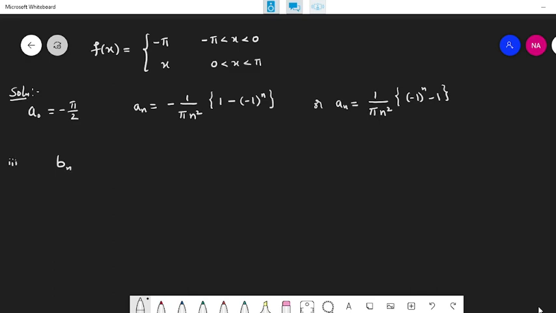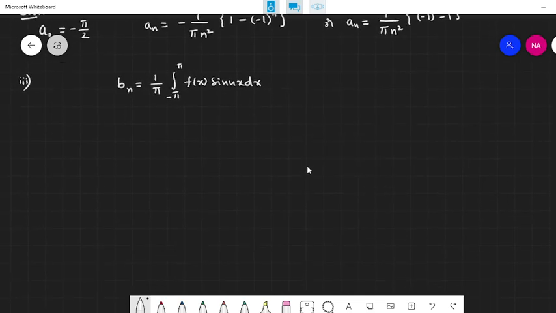Point number 3, Bn. So what is the formula for Bn? Bn equal to 1 by pi integral minus pi to plus pi f of x sin nx dx. So this is the formula to find Bn. First I have written the formula.